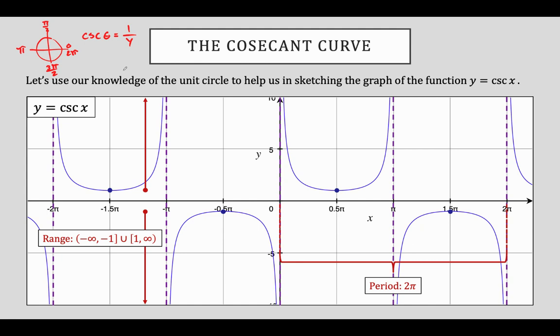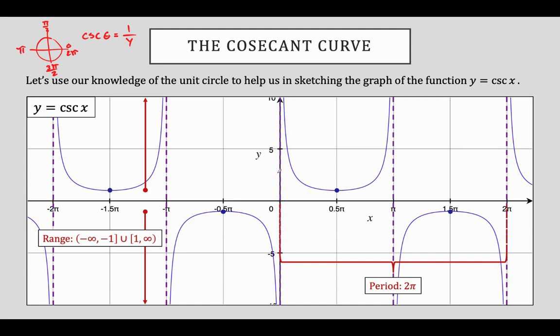And our domain. Notice that, again, we're going to have an infinite number of vertical asymptotes. There are an infinite number of values for which the function is undefined. So we're going to say our domain is all real numbers except x cannot equal... we pick a vertical asymptote. Let's pick the one that's at x equals 0.